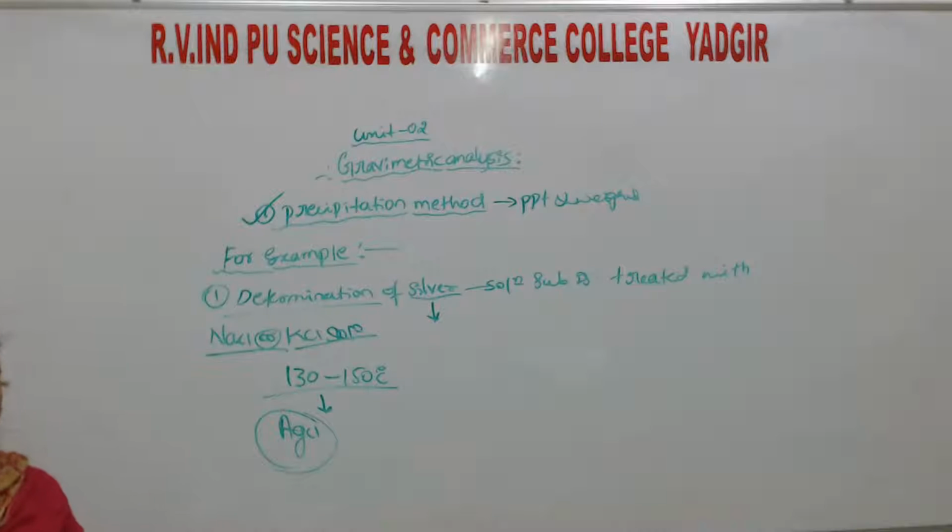The second example for this precipitation method: the constituent being determined is precipitated in a form which is weighed.